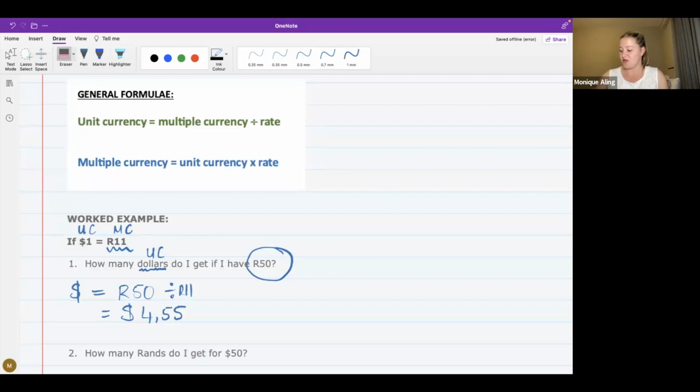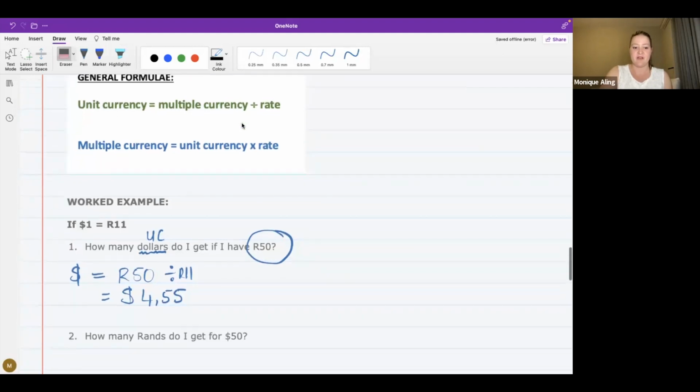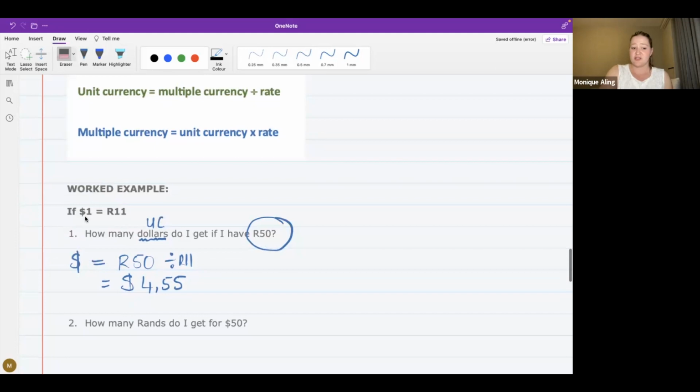Okay, let me show you how it works if we get asked the other way. So now it says, looking at the same exchange rate, $1 is equal to 11 Rand. How many rands do I get for $50? Because we're looking at the same exchange rate, this is still our unit currency. 11 Rand is still our multiple currency.